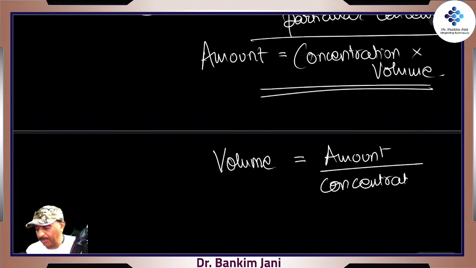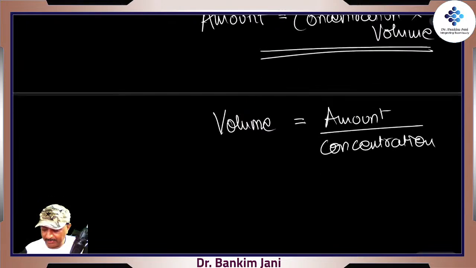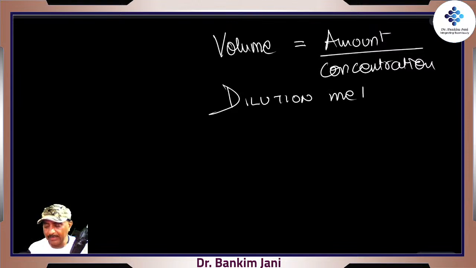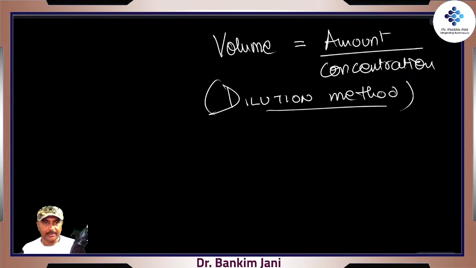Let's pick up a real good practical, and this will explain things in a very easy way. Technically speaking, this is called the dilution method, because we are actually diluting our indicator. There are a few principles you have to remember.